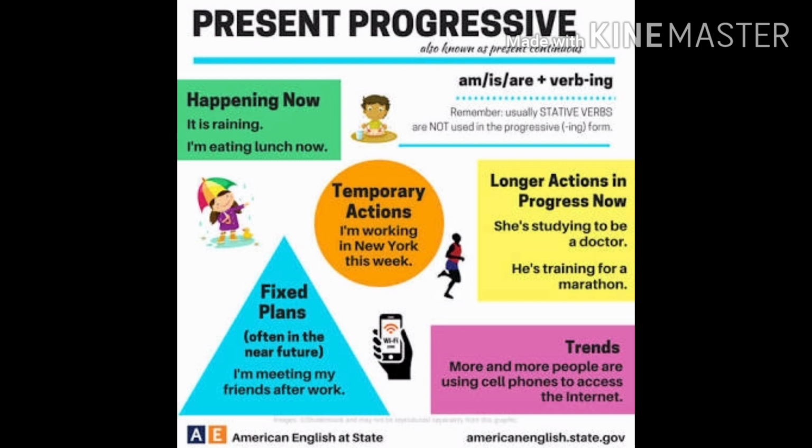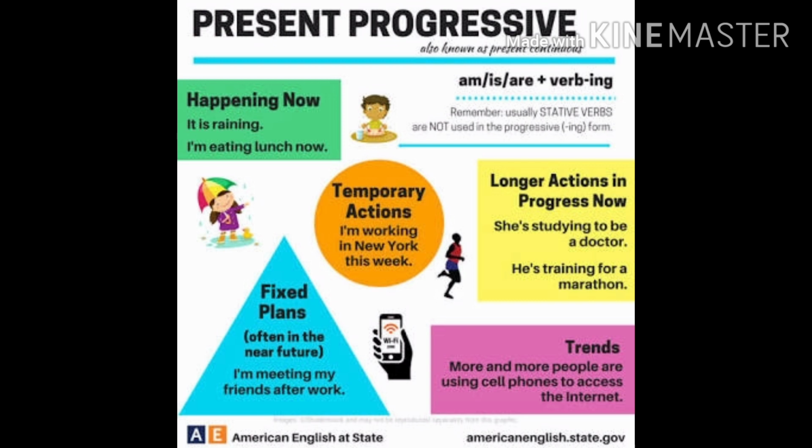Next one, I am attending the class tomorrow means it is already decided, it is already pre-planned to take place tomorrow. This activity will be taking place tomorrow, which has already been arranged. So when we talk about such actions which have already been planned or arranged, we use present continuous tense. Clear?